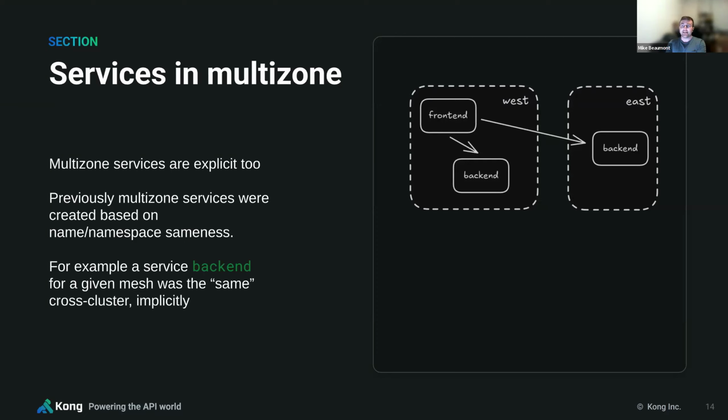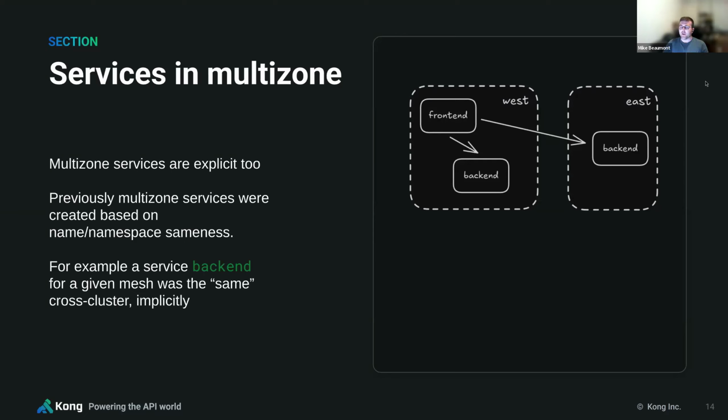Previously, this wasn't an explicit resource either, and there was a kind of implicit relationship between these backend services where, if they had the same name, they had the same namespace, then the mesh kind of treated them the same.